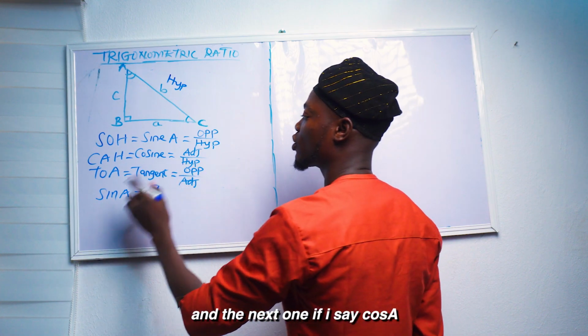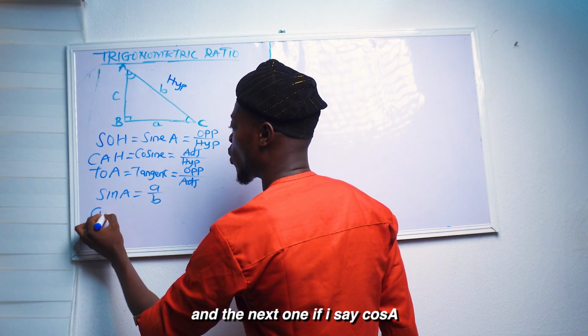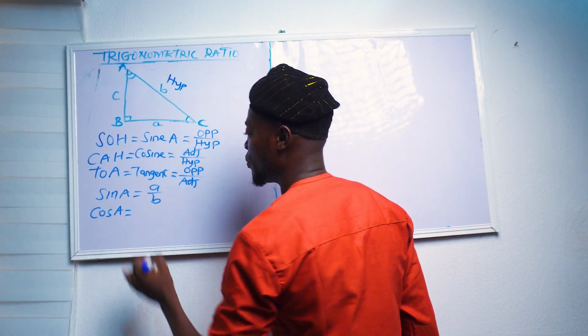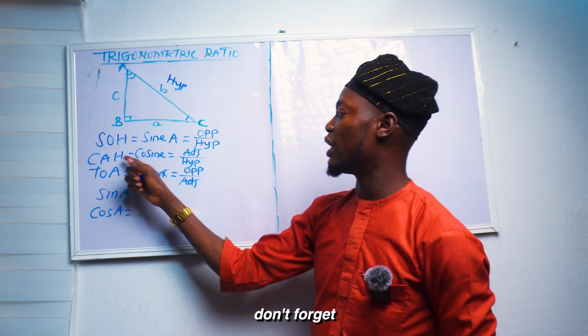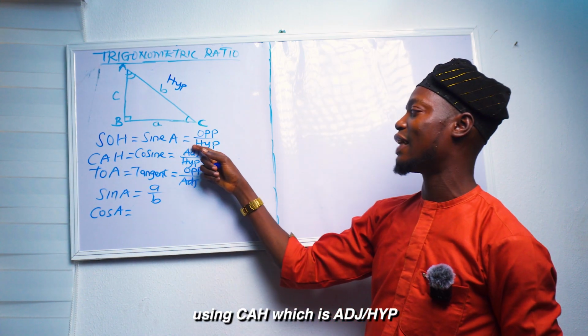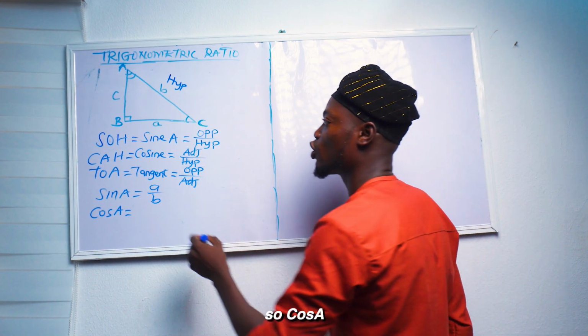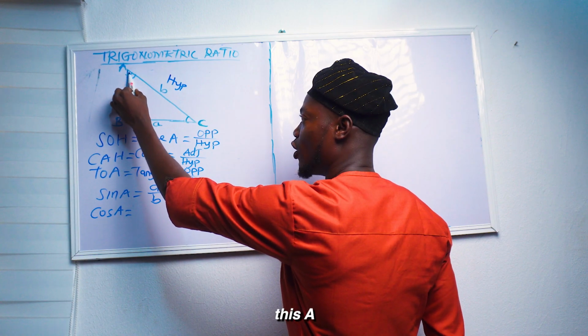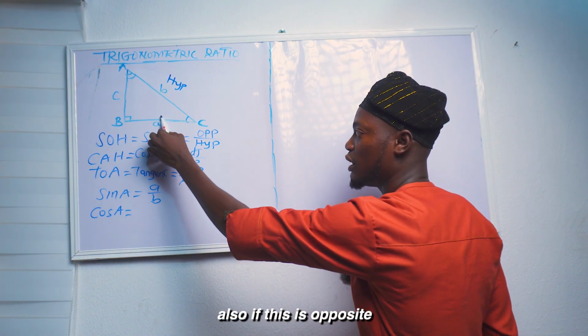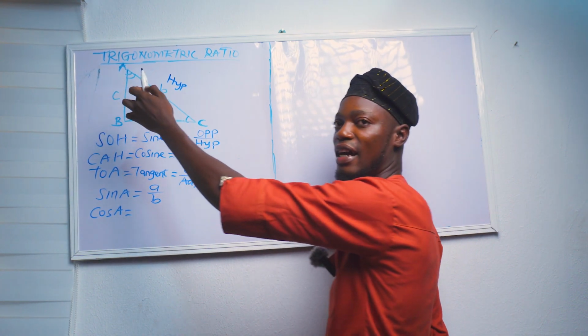And the next one, if I say cos A, don't forget for cos we are using CAH, which is adjacent over hypotenuse. So cos A, this is A also. If this is opposite, automatically C is the adjacent.